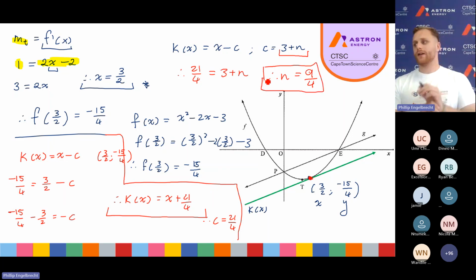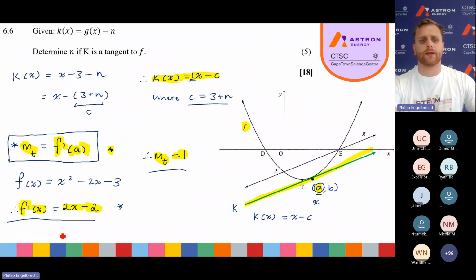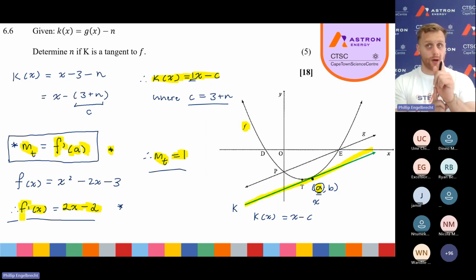I know this is a little bit tricky, so I'm going to just go through it again. Step 1, I first found the equation of this new function k of x.